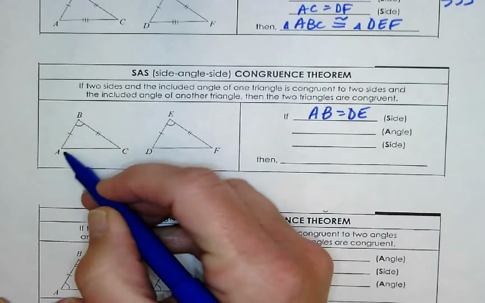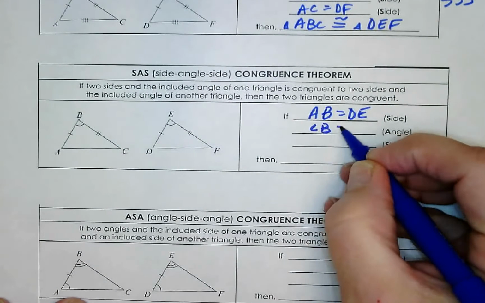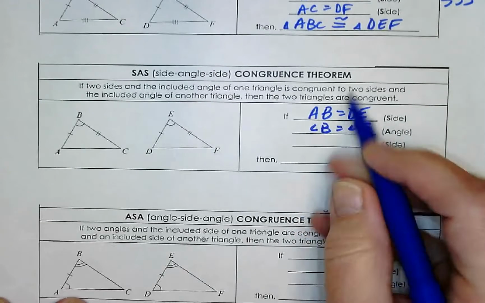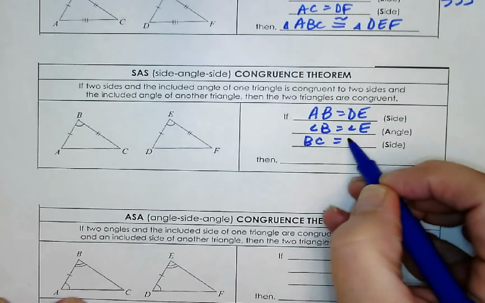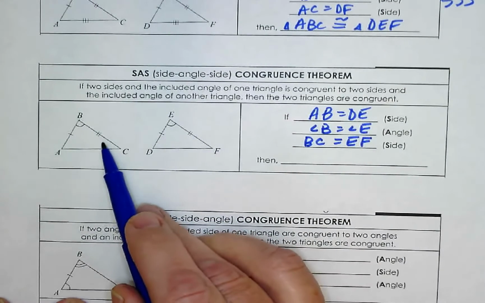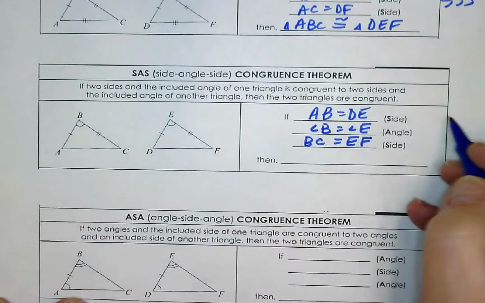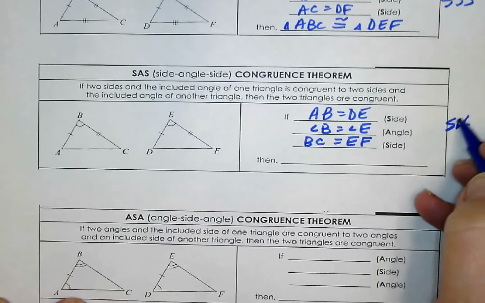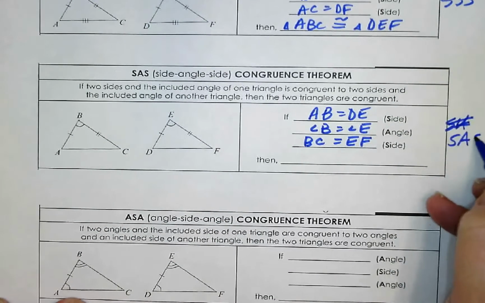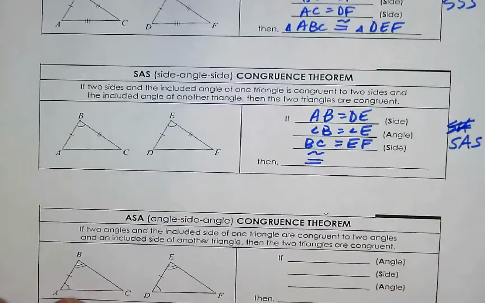Then I've got the angle between them, B equals E. And then the third side, BC equals EF. If those are the markings on my picture, where the angle is between the two sides, we call that side, angle, side, and then the triangles would be congruent.